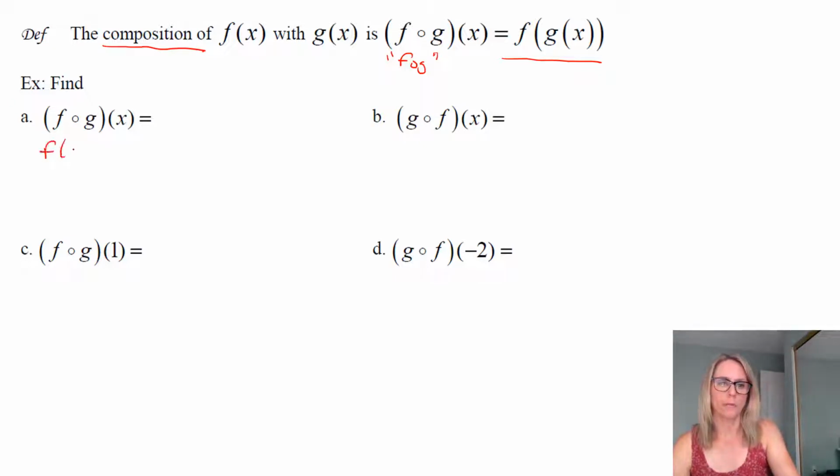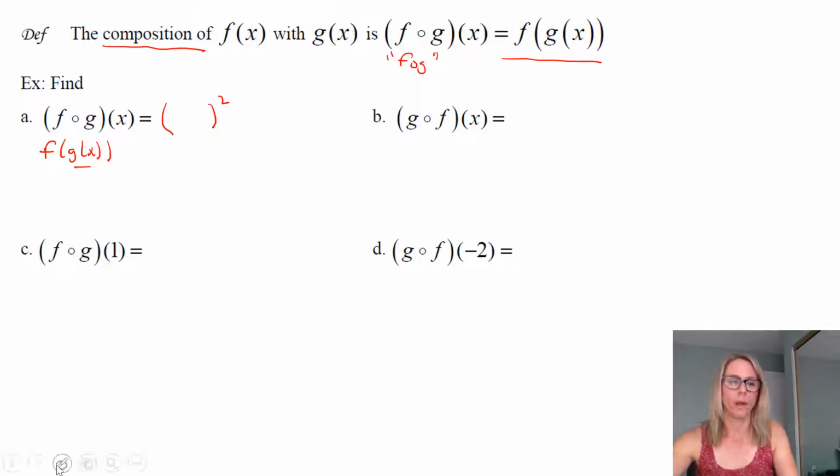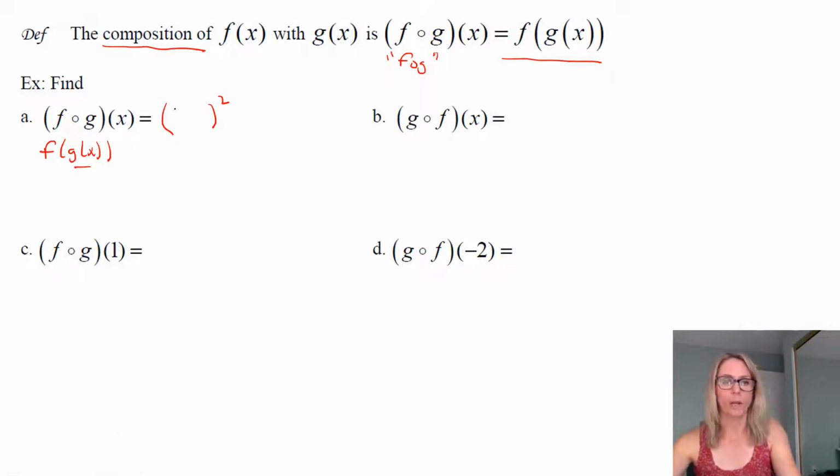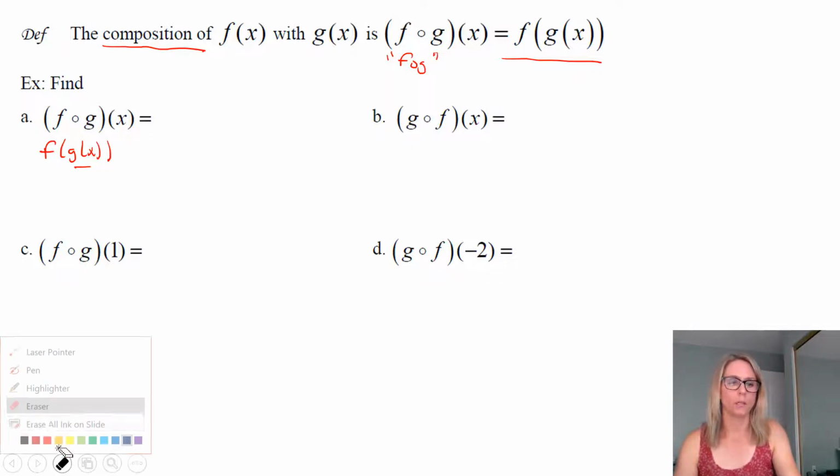So I'm going to write this as f of g of x. And I'm going to need to take a look here to remind myself what the two functions are. So the first one is saying take g of x, place it in where you see x in f of x. So f of x is just x squared. So I'm going to write it like this. And then instead of squaring x, I'm going to be squaring g of x. So you know what? I'll do this an extra step here in case anyone would like to see it.